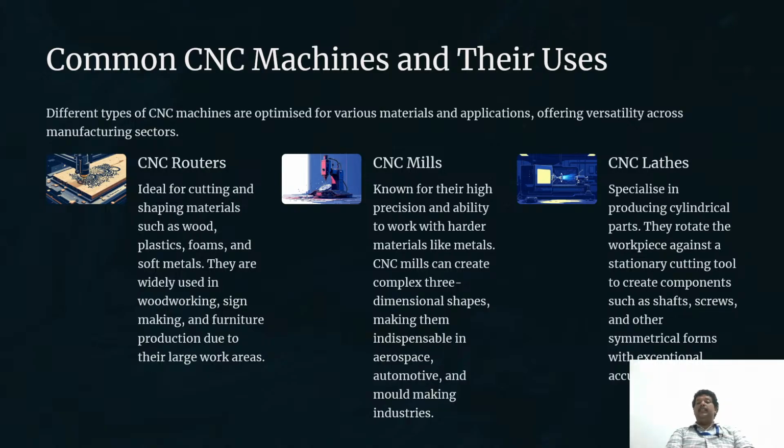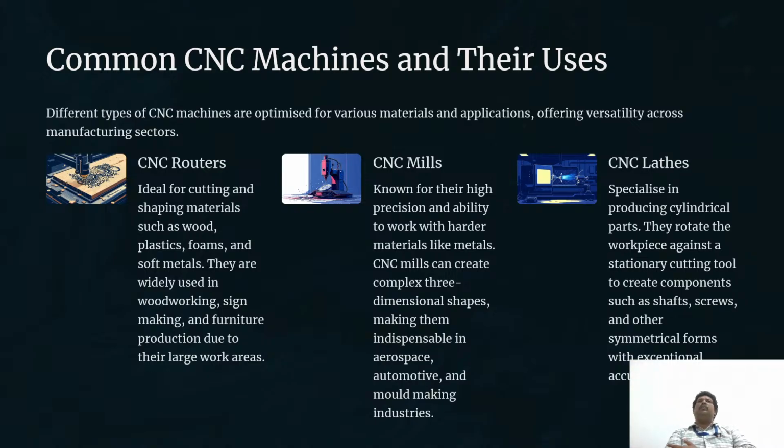Now then comes the CNC lathes. CNC lathes specialize in producing cylindrical parts. They rotate the workpiece against a stationary cutting tool to create components such as shafts, screws, and other symmetrical forms with exceptional accuracy. So whenever it is a round item, we will use a CNC lathe.